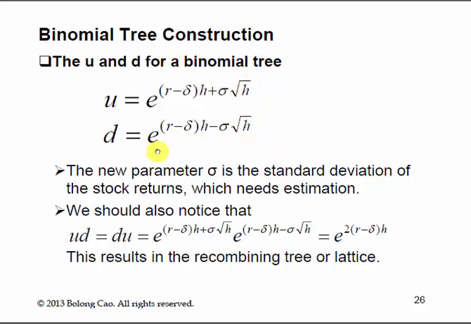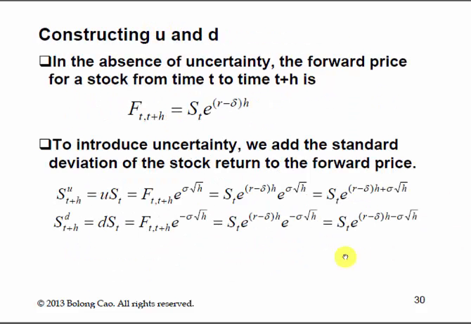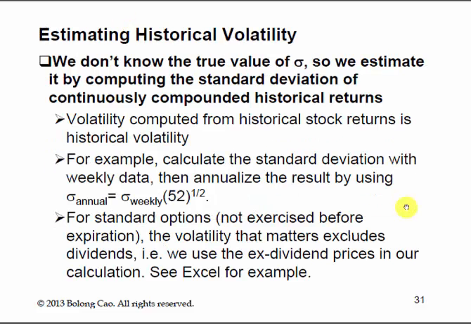In this formulation, we have this relationship: after h time period, you will get an up state price in the underlying, and in the down state there's a down state underlying price. The major difference is this volatility in the return, either going up or down.